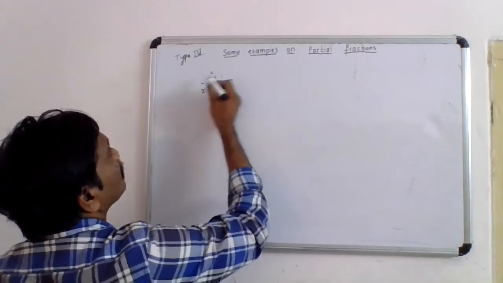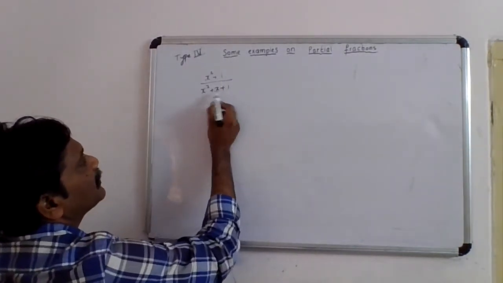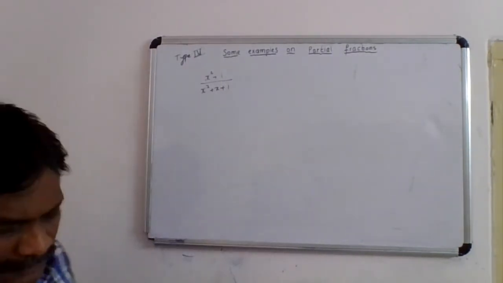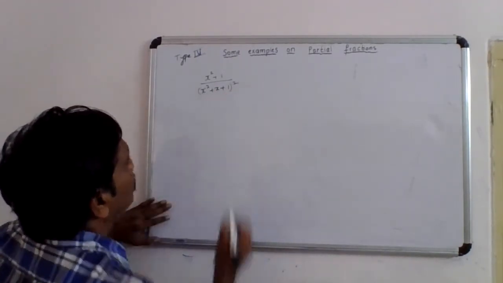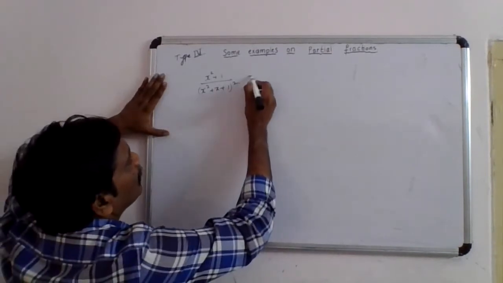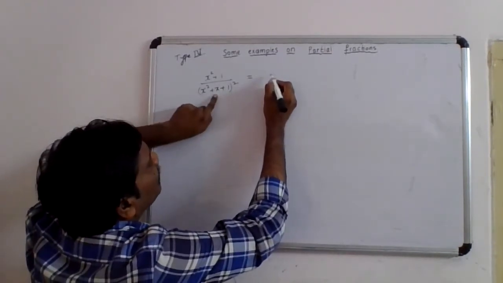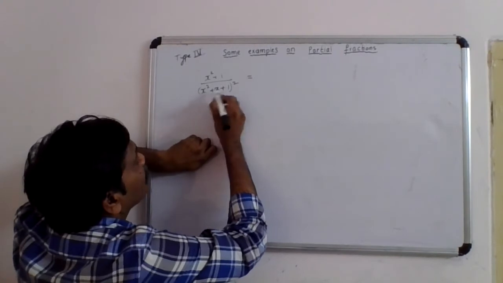Now this problem comes under type 4. This is a linear factor. Type 4, a repeated factor should come, whole square. So this is a non-linear factor.